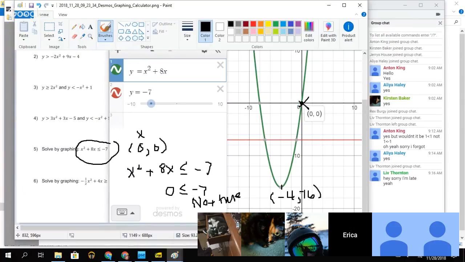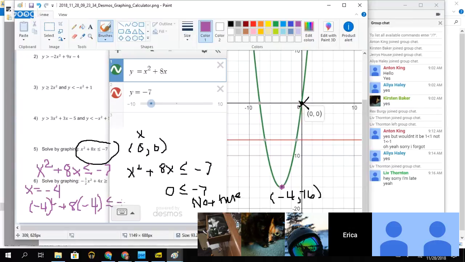Okay, so is this point, let's do this in another color, valid when it comes to my inequality? So remember, my inequality is x squared plus 8x is less than or equal to negative 7. So what happens when x equals negative 4? Is that true? So I get negative 4 squared plus 8 times negative 4.